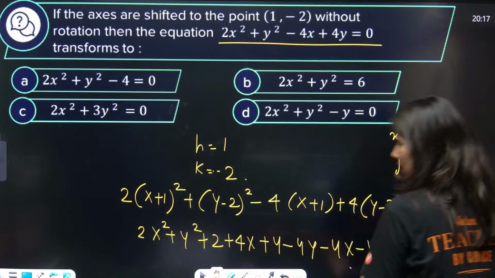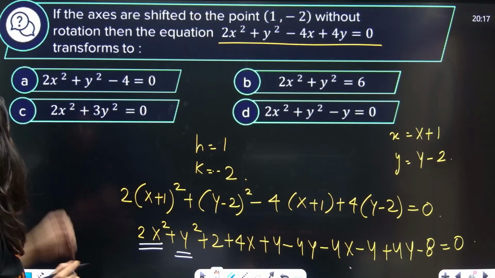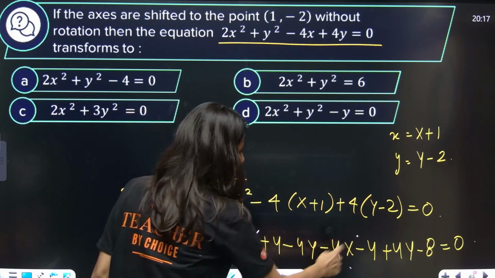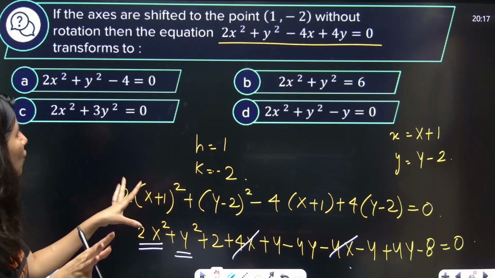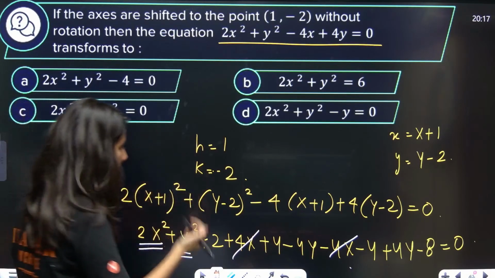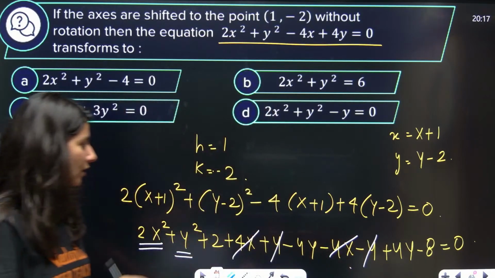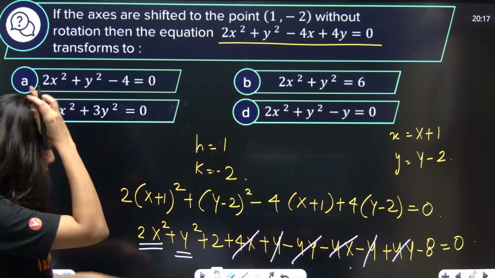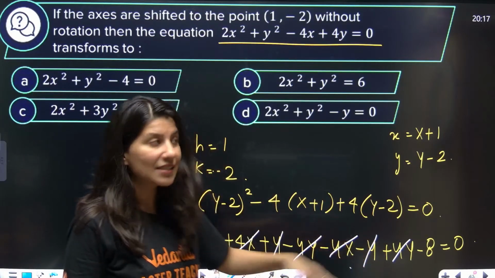Let's just solve it. 2X square plus Y square is right there. Then you have plus 4X minus 4X cancel. So can you see there is no X term over here? Now plus 4 and minus 4 also gone. Minus 4Y plus 4Y is also gone. So now 2X square plus Y square minus 6 is equal to 0.